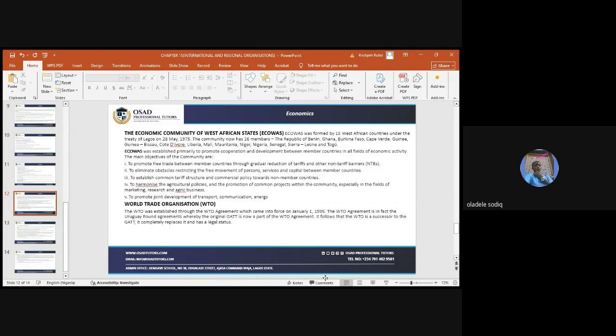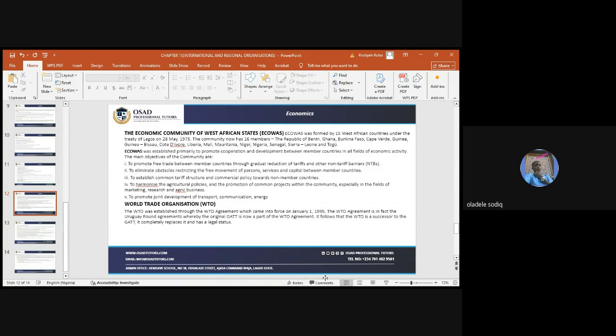So ECOWAS was established to promote what? Cooperation. The main purpose of ECOWAS is to promote cooperation and development between member countries in the field of economic activities.